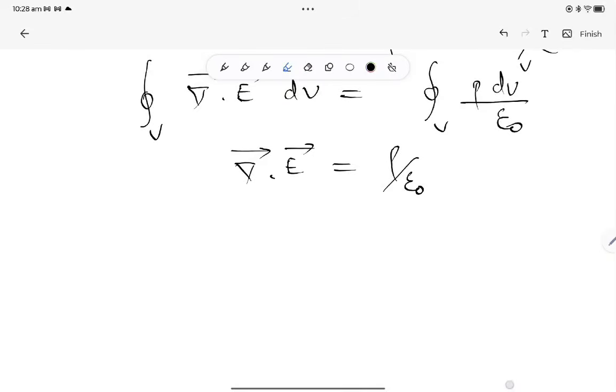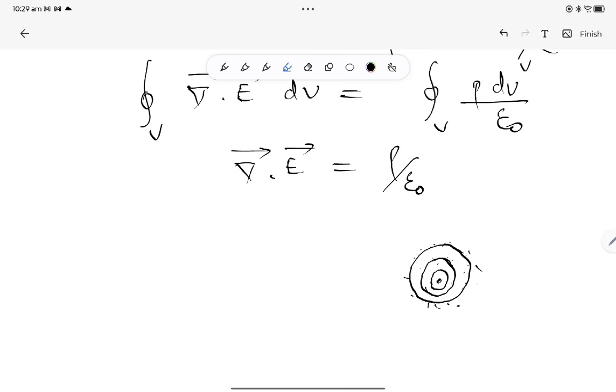What does that mean? That means if you have a continuous distribution of charge here, and you apply this Gauss's law to the entire volume, it is true. You apply it to half of the volume, again it is true. Apply Gauss's law to any portion of volume, it is true.